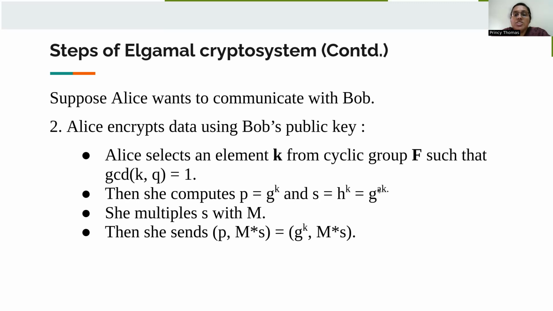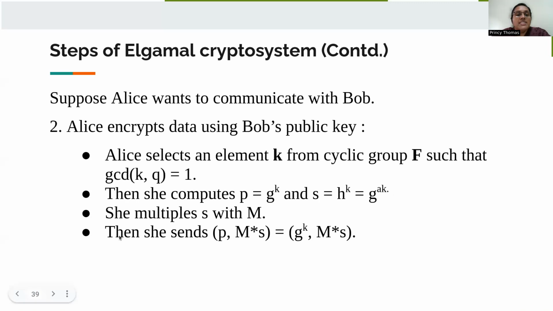Okay, so G raised to A is again exponentiated with the K value which Alice has selected. So now S is equal to G raised to AK, and Alice has also computed P, which is equal to G raised to K. Now this G raised to AK is the number with which the message M is multiplied.